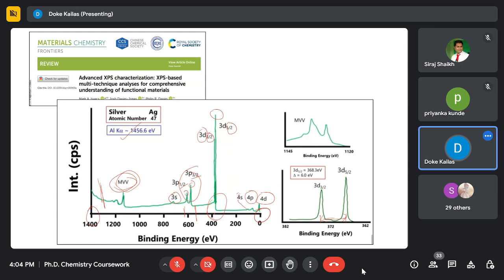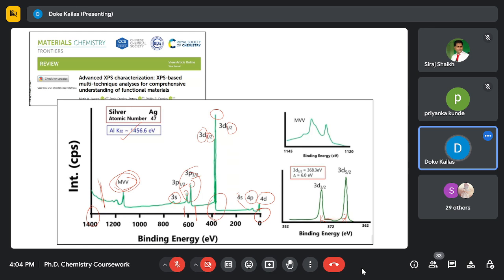Here you can observe this 2p6 electron splits up into L2 and L3 levels as 2p 1 by 2 and 2p 3 by 2. I think in inorganic chemistry, in symmetry, you might have learned such type of notation.